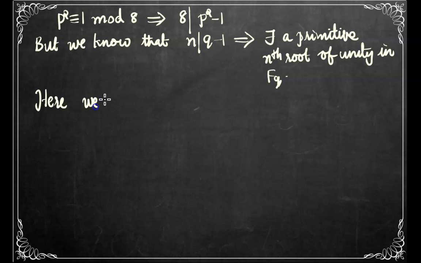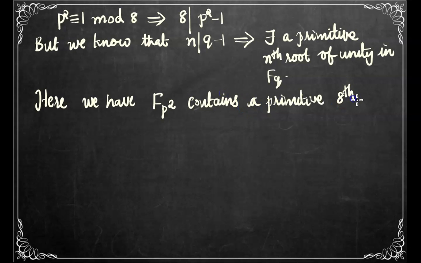Here we have F_{p²}. Instead of q, we have p² here. So, F_{p²} contains a primitive 8th root of unity.